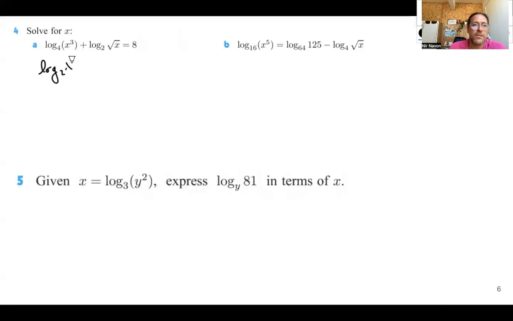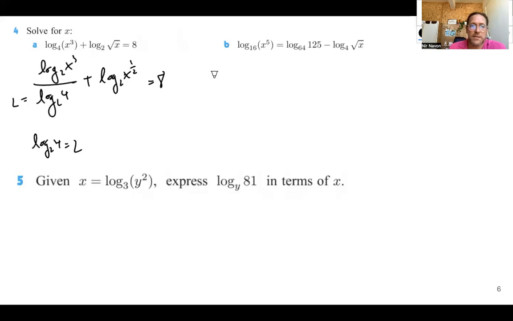So that would be log base 2 of x cubed over log base 2 of 4, which is 2, plus log in base 2 of x to the power of half equals 8. So we've seen this is 2. And let's continue here. So we get 3 log in base 2 of x over 2 plus half log of x equals 8 in base 2.